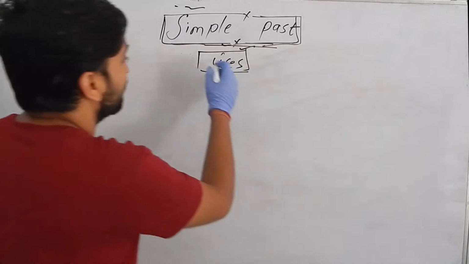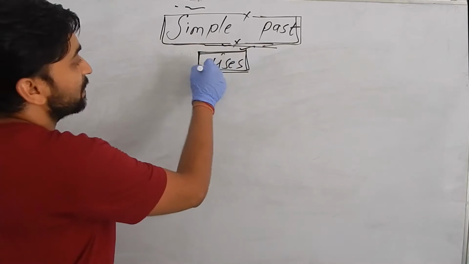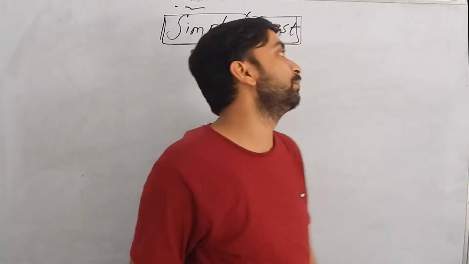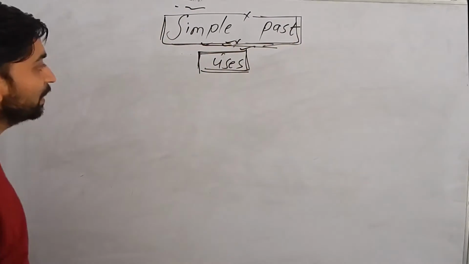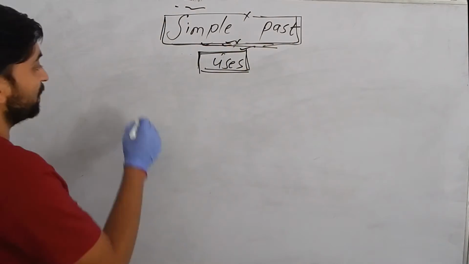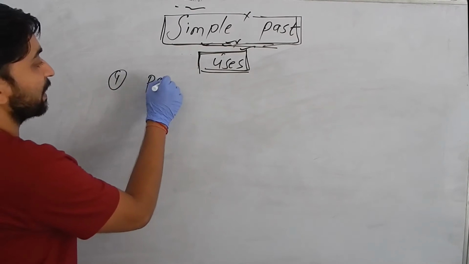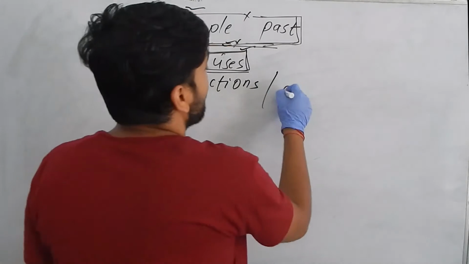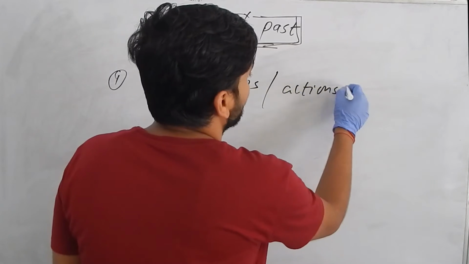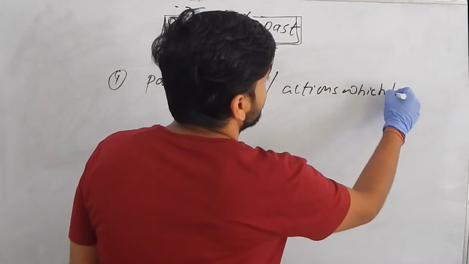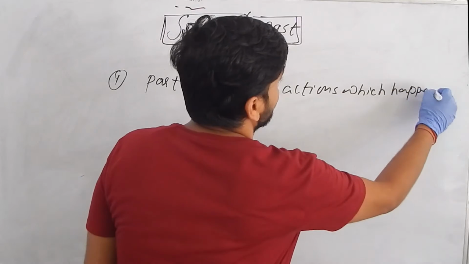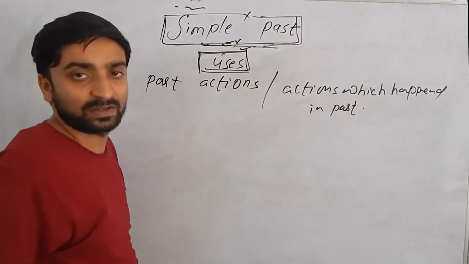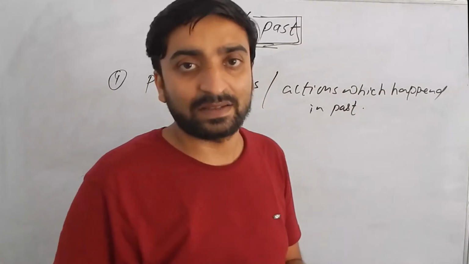So let's see where to use the simple past. कहाँ इसको use गर्ने, त्यो बड़ी important कुरा हामीले ध्यान दिनु पर्ने. Simple past is generally used for past actions, actions which already happened in the past and have no relation with the present. For such an action, simple past tense is used.